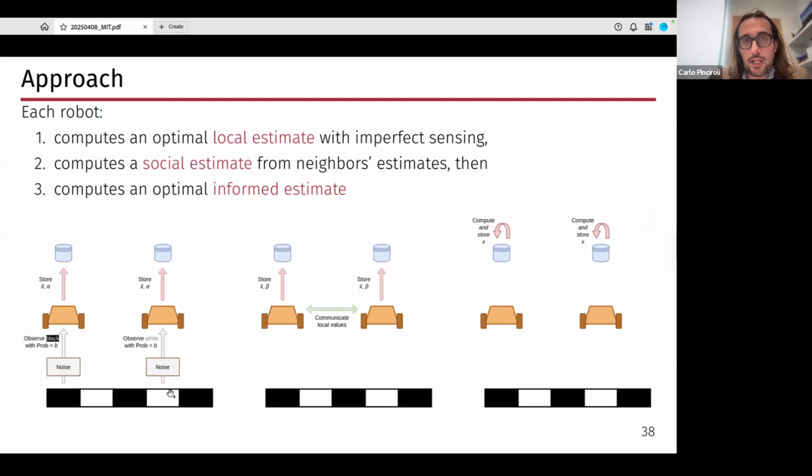The robots calculate a local estimate that is imperfect, and then they collect the estimates of other robots, and with that they calculate a social estimate. Then they combine the social estimate with the local estimate to form an informed estimate. And the way they weigh the individual contributions is using Fisher information, which is related to the variance of the estimate. So something very, very simple, basically to create the baseline.